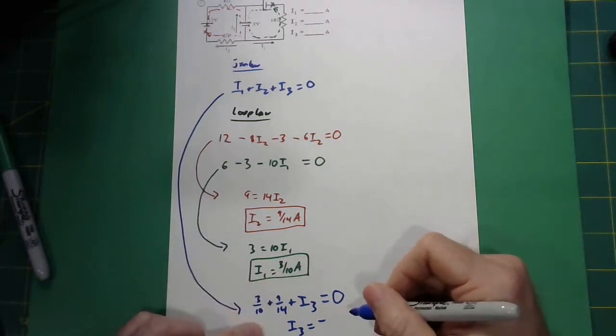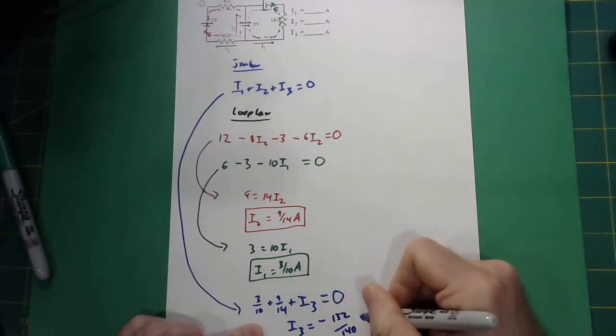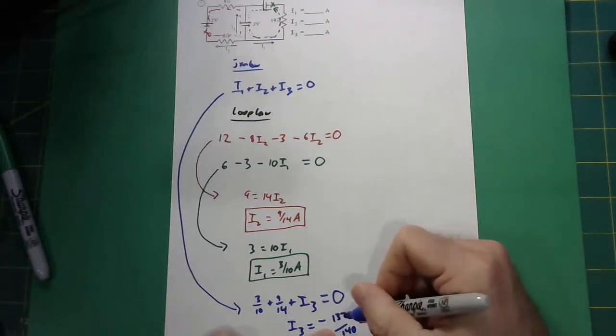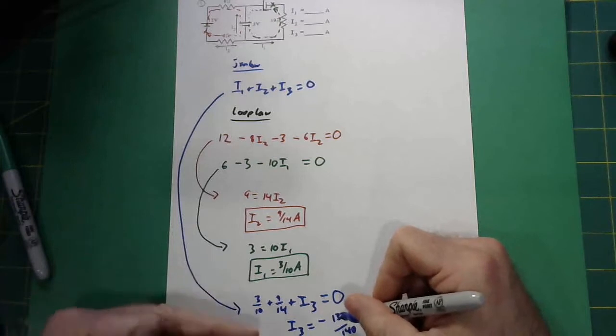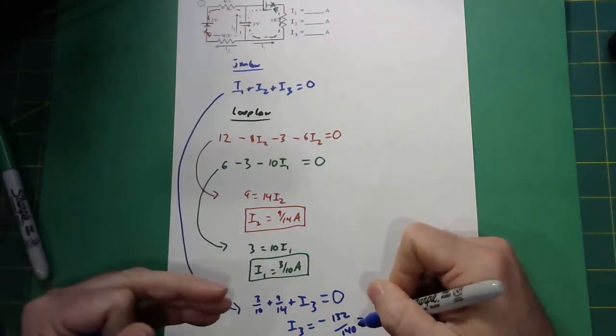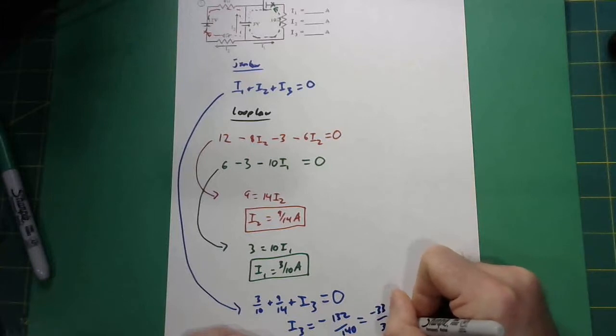So that's going to be 132 140ths. And I can go ahead and I can reduce that to lower terms. You can say, hey, even numbers, so you just do twos, and that's going to be 66 over 70, which I can reduce again and be 33 over 35. So it's going to be negative 33 35ths amps.